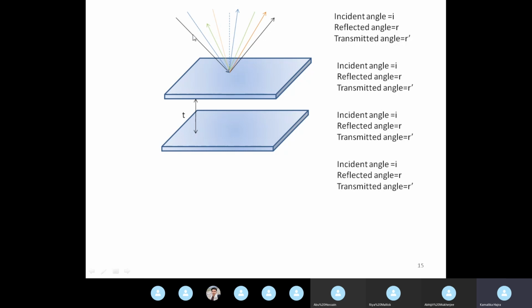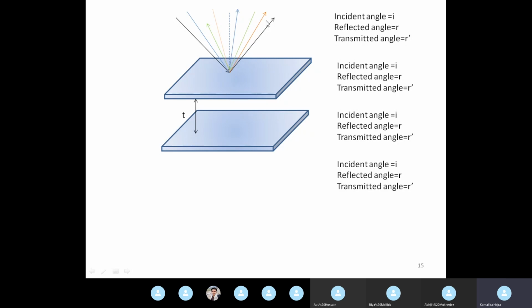So see, the first set black, the second set orange, the third set blue, and the fourth set green are basically all rays that are incident with the same inclination i.